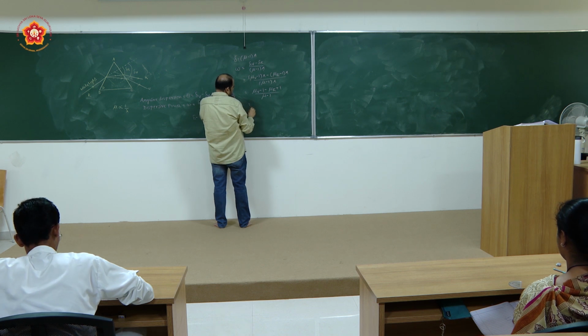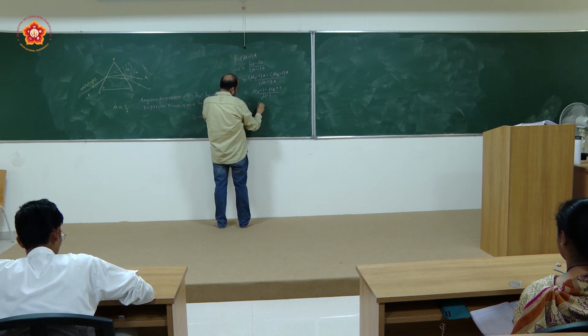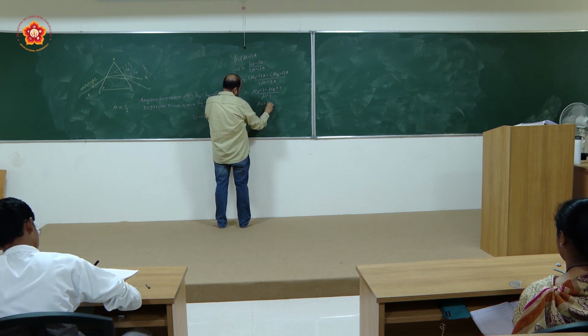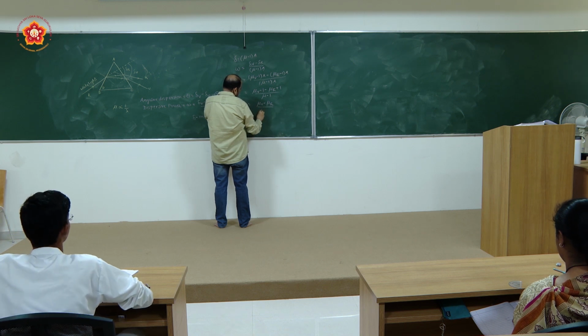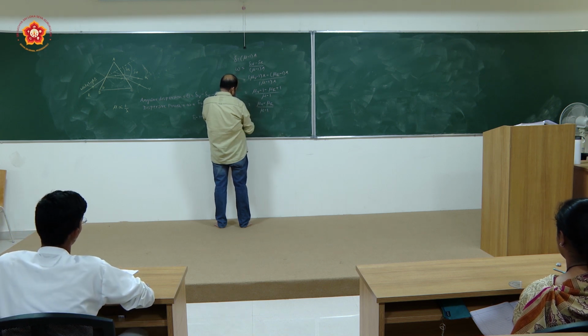So you will get this as mu V minus mu R divided by mu minus 1.